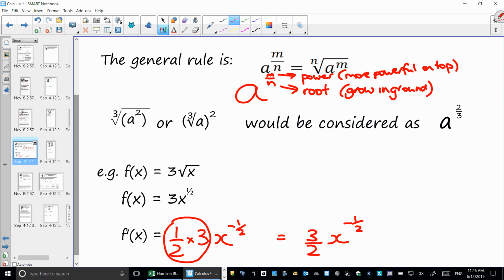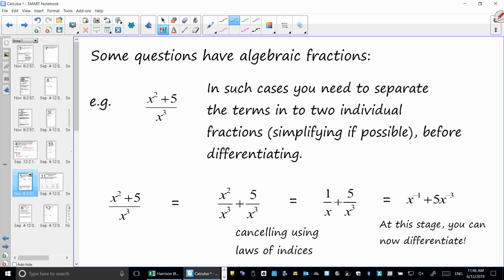I think we should do some practice. I'm going to do this as well. This comes up as well. Now, sometimes we have stuff like this. We're asked to differentiate this. If we have stuff like this, we are able to separate this into 2 parts.